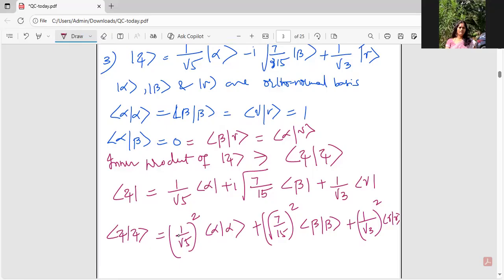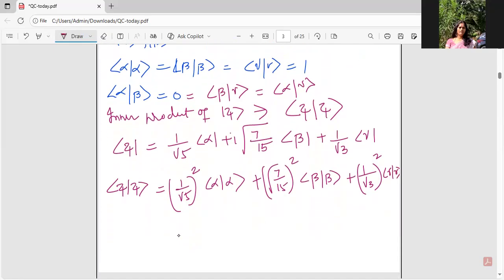Now clearly I can see, since alpha, beta and gamma form an orthonormal basis, 1 by 5 into 1 plus 7 by 15 into 1 plus 1 by 3 into 1. Once I finish taking the LCM, (3 plus 7 plus 5) by 15 is equal to 1.